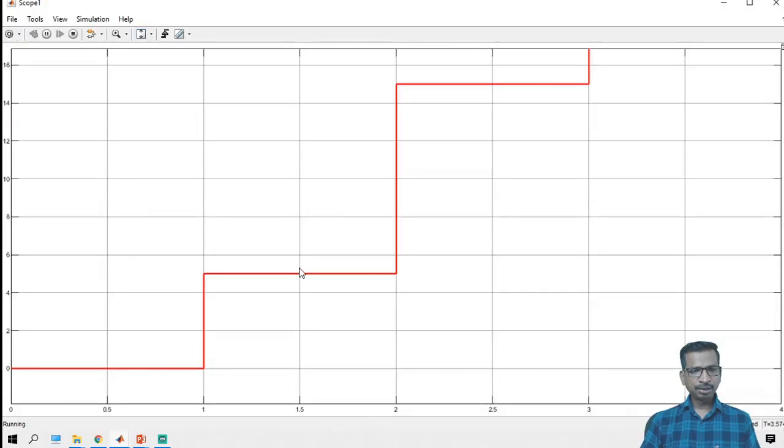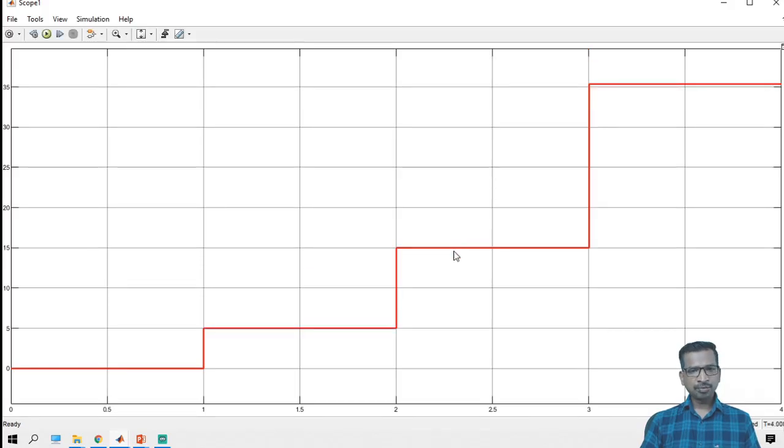Initially it is 0 load and then quarter load and half of the load, and then finally it's applied full load.